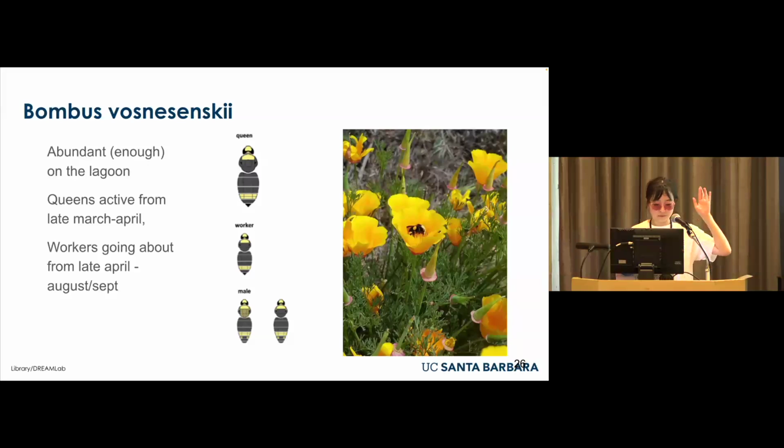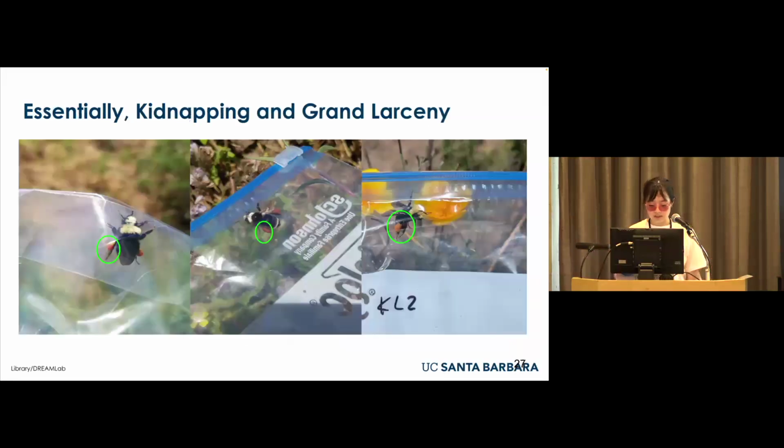So we do some collecting and observations of these guys and the plants that they interact with on campus. We have a bee pollination team and also a phenology team of students who go out and make these observations. So essentially it's kidnapping, grand larceny of bumblebees. And we're stealing their pollen to see what plants they are.